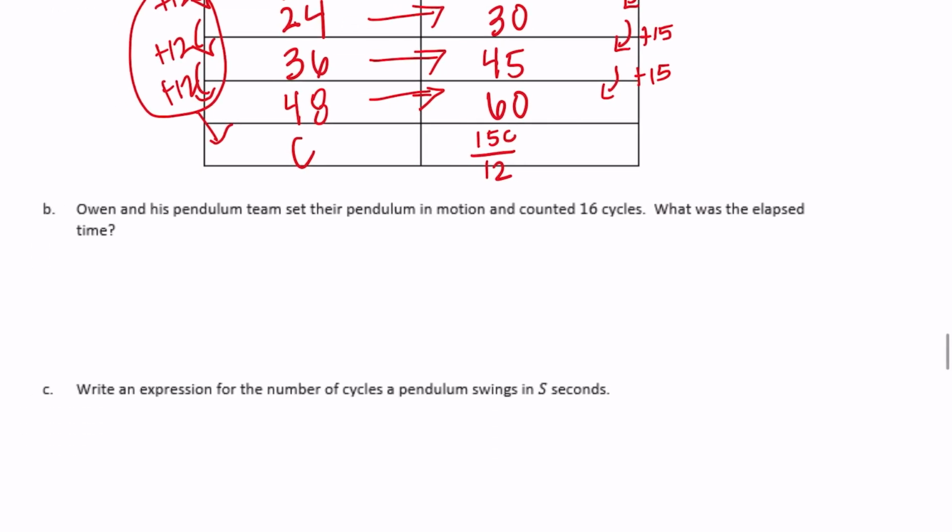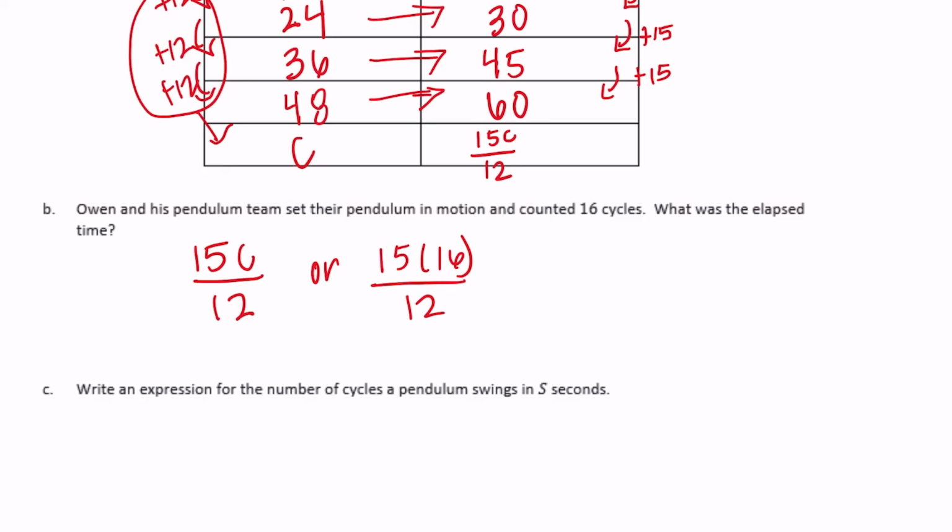Now, if I wanted to know 16 cycles, so we can do 15 times C over 12, which would be 15 times 16 over 12. Now you could do 15 times 16 and then divide it by 12, but I'm going to do some cancellation and make this a little bit easier to solve without big elaborate multiplication and division problems.